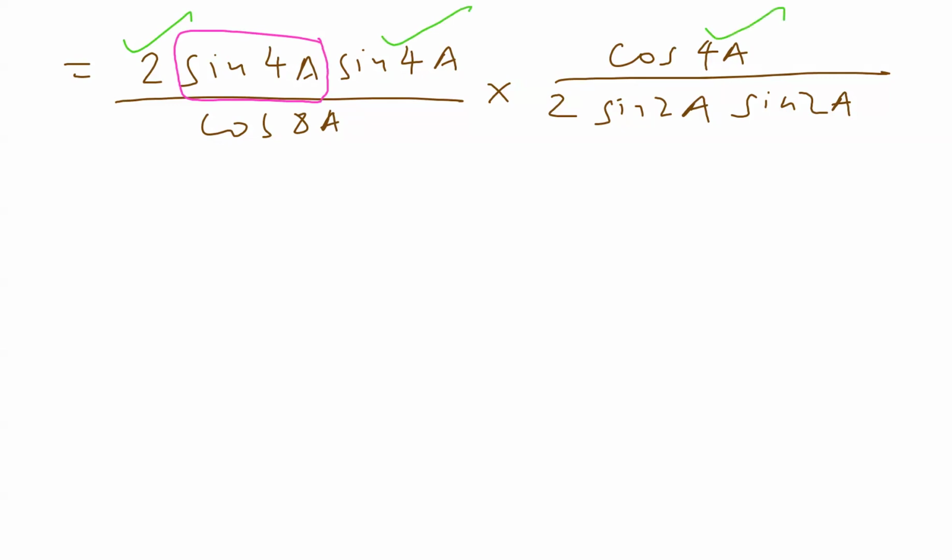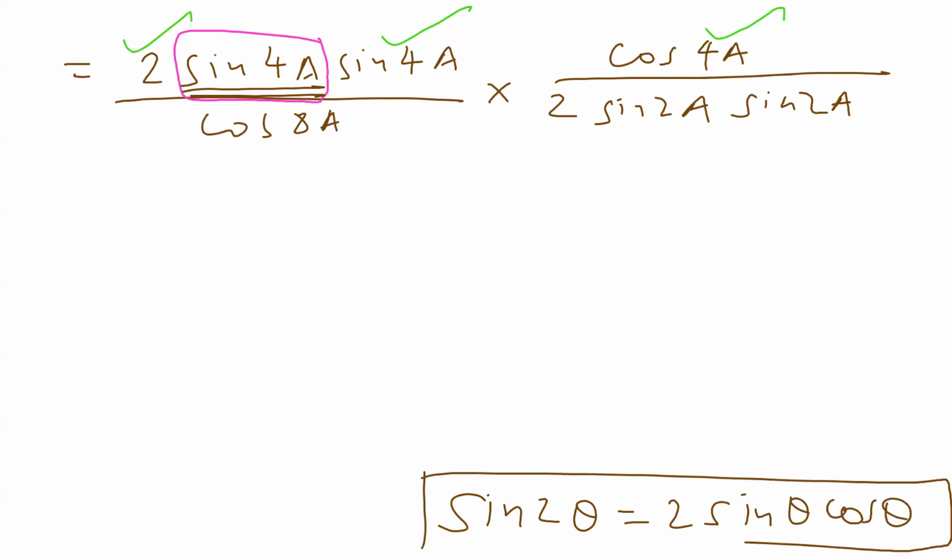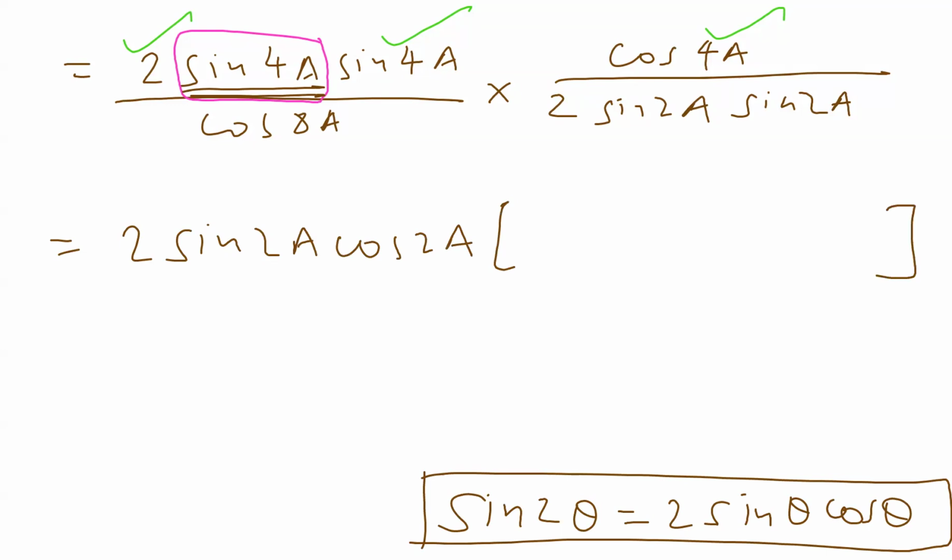Fine. So see, sine 2 theta is equal to 2 sine theta cos theta, right? So sine 4a will be 2 sine 2a into cos 2a. Now the green color terms, I'll take together.